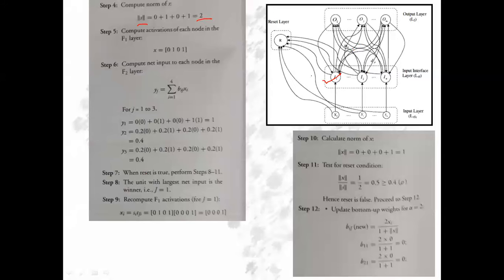Now we are at the input interface layer where all the input neurons have inputs I1 equal to 0, I2 equal to 1, I3 equal to 0, I4 equal to 1. The next step is to calculate the input at each output neuron.